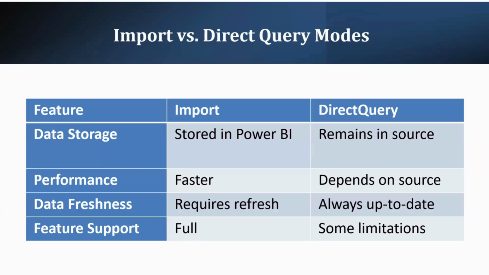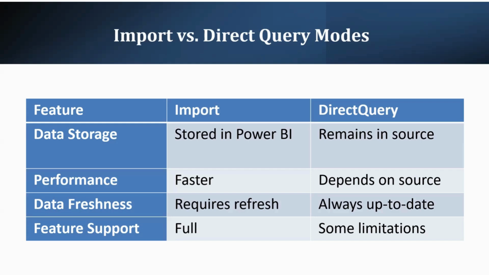The other option is to import it directly into Power BI. Now, what are the differences? For the import, it is stored directly in Power BI. But for the direct query, it remains in the source. So it just creates a connection, and then the transformation and the visualizations can be done through that connection.